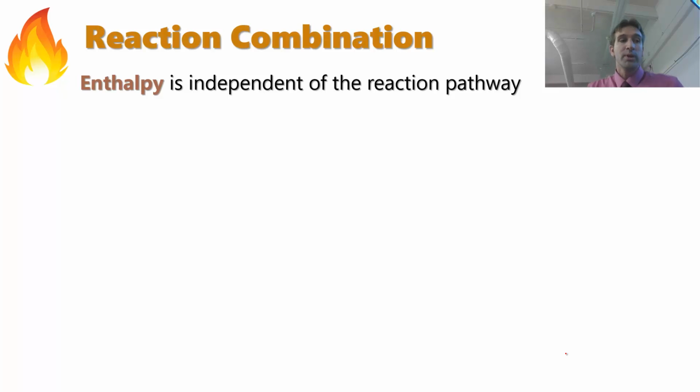Now, it's going to be really important that we remember this idea that enthalpy is one of our state functions. Enthalpy is a state function, meaning that it doesn't matter how you get from point A to point B. All that matters is the difference between the two positions, those 2 points. So an example on this, all right? So let's say I want to go from point A down here to point B. I could take a direct route, and let's say that that is a 100-mile path.